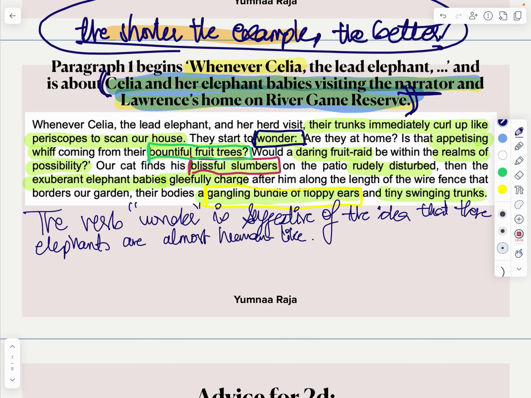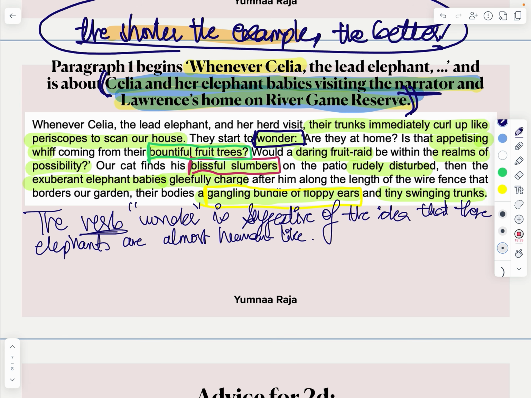How do I know that? Because these elephants are wondering. By the way, do you know which literary device this is? Whenever we give non-human beings the abilities of human beings, that's actually personification. But because elephants are non-human beings and they are being personified here, we can use the word personification if you feel like. I wouldn't say that. I'm simply going to use the word verb here as a start to wonder, and then I'm going to just stay with that.